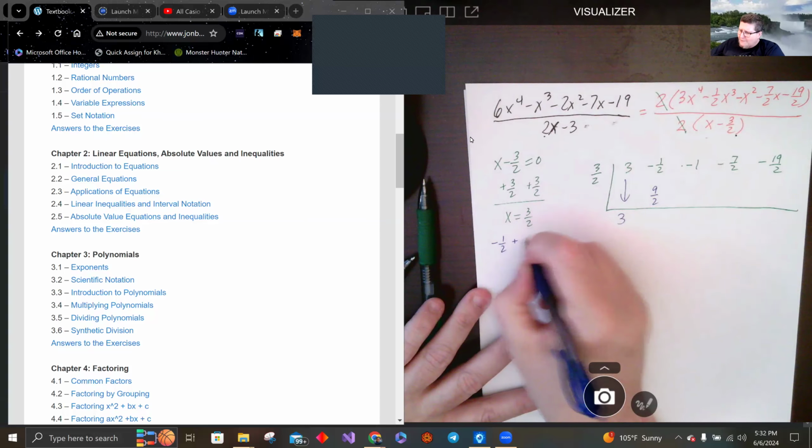Three halves times 4 is 12 over 2, which is 6. Negative 1 plus 6 is 5. 3/2 times 5 is 15/2. 15/2 minus 7/2 is 15 minus 7 on top over 2. 8/2, which is 4.